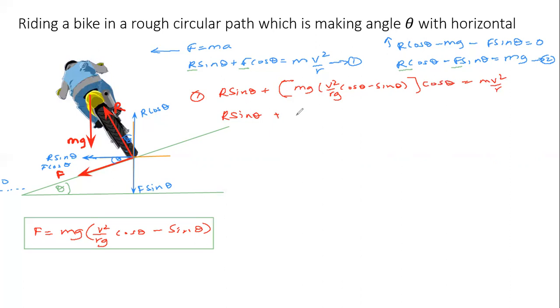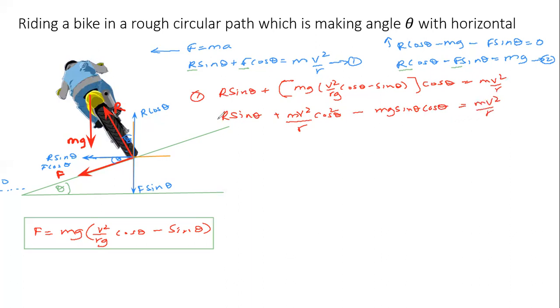So we get v squared, g cancels off in v squared over r cos squared theta. Multiplying this in v squared over r, g cancels off, and we get cos squared theta minus mg sin theta cos theta equals mv squared over r.